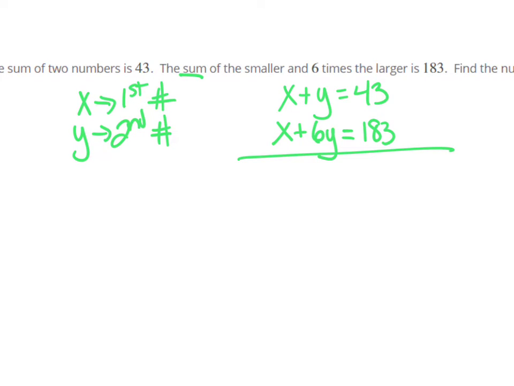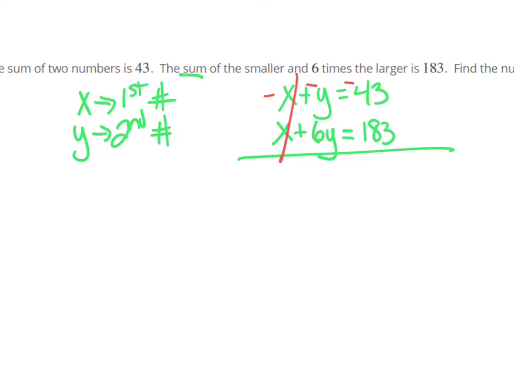I again would probably do elimination, but I'm going to take the bottom equation, or maybe the top equation, it doesn't really matter again. Just choose and multiply everything times -1. So that's going to make a negative x and a negative y and a negative 43. By doing that, the x's will now cancel. I have a negative, it's assumed to be like a 1y.